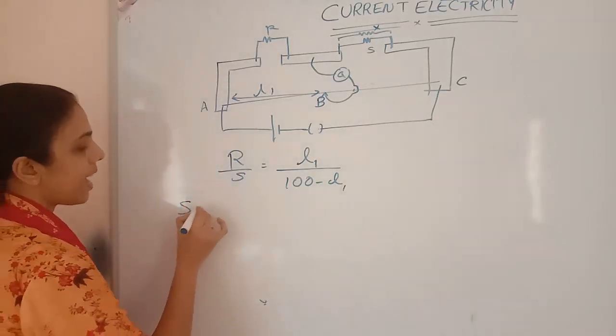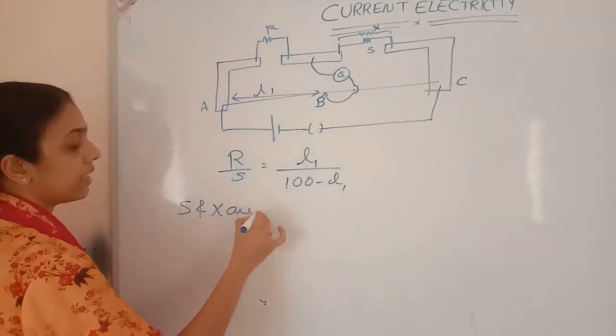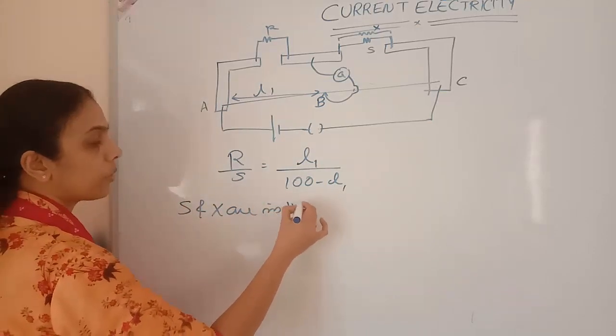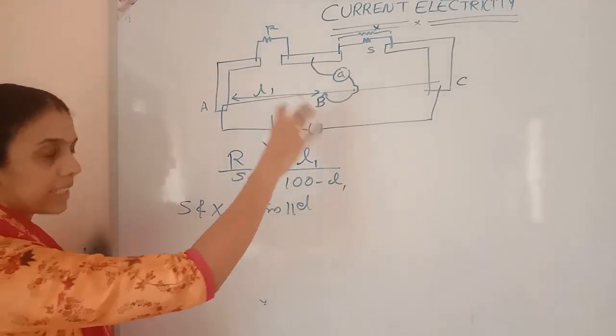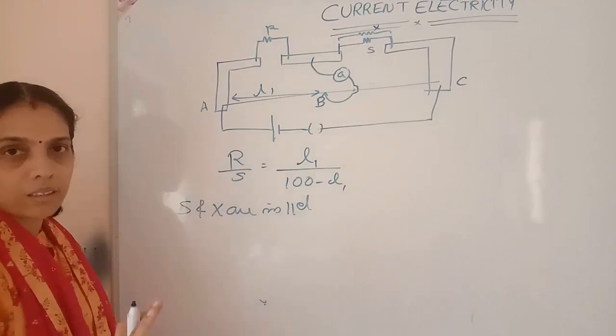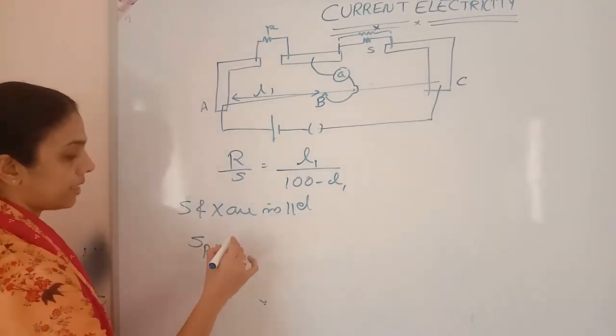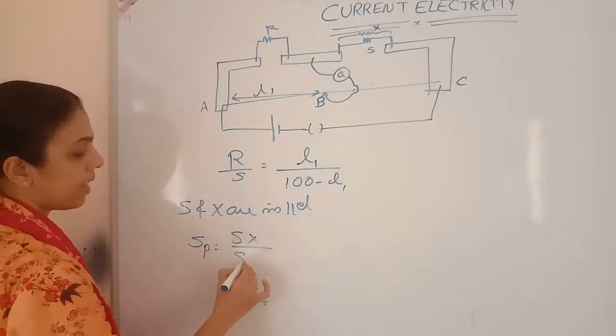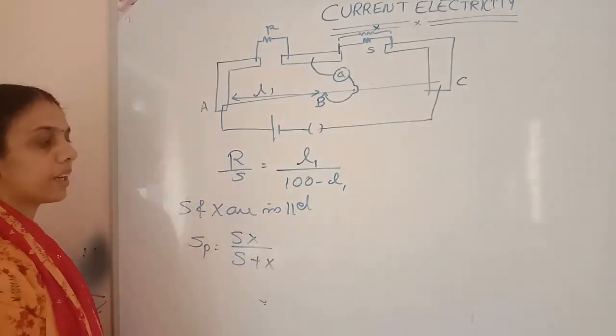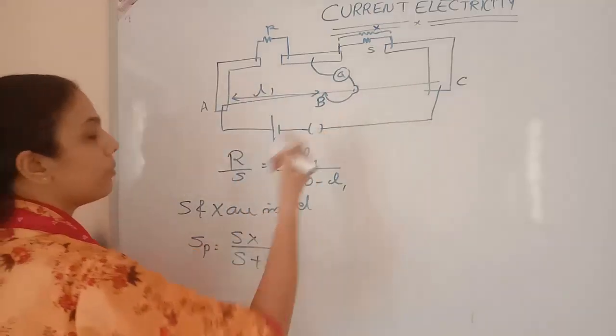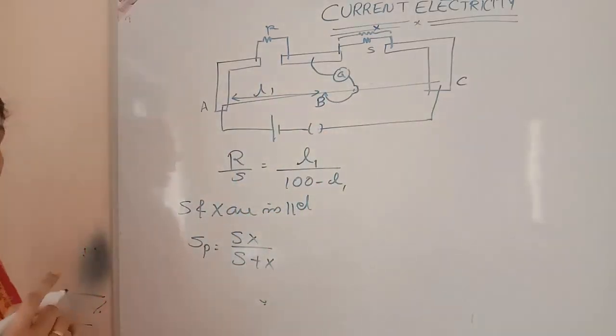Now S and X are connected in parallel. So instead of S, a parallel combination is coming. The effective resistance SP I am writing as Sx divided by S plus X. Then we get a balancing length of L2.